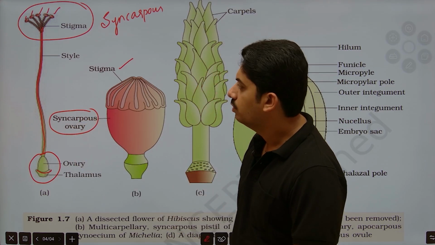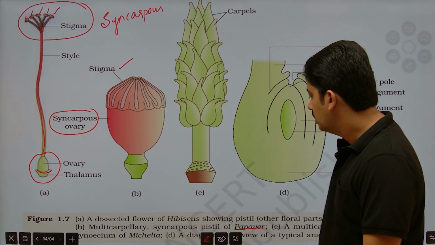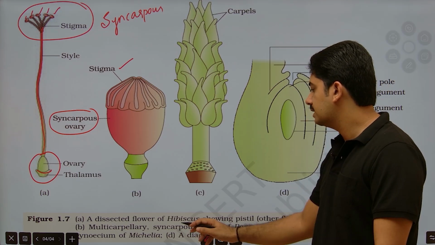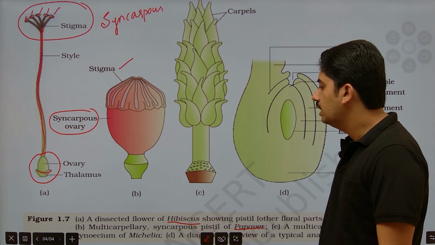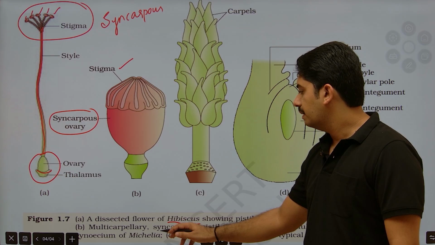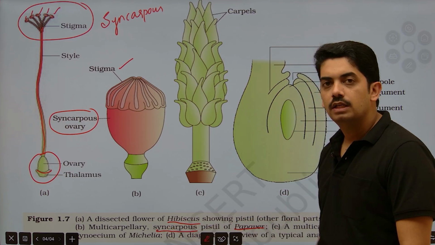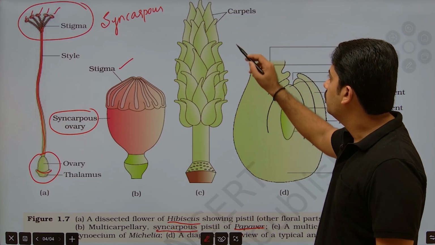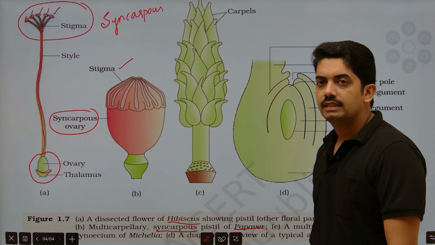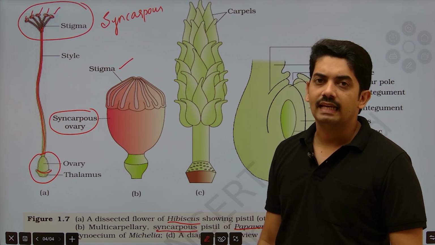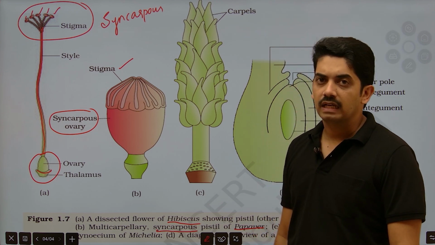Again, one more example for syncarpous. So in exam you should remember hibiscus is also an example for syncarpous ovary, and papaver is also an example for syncarpous ovary. Now if you observe this one, this is actually a ovary of Michelia champaca flower.